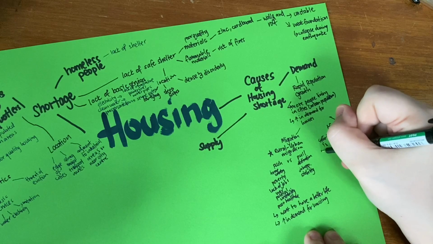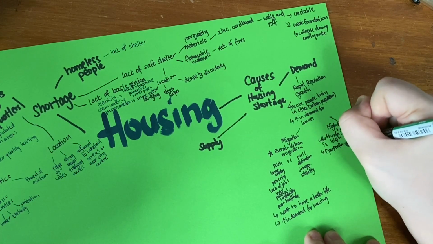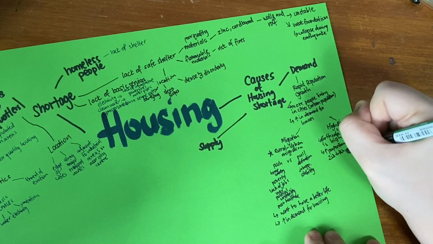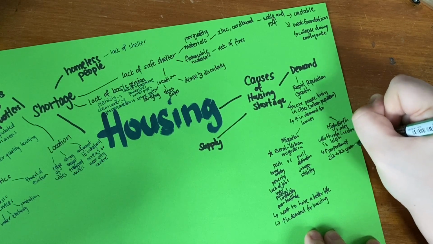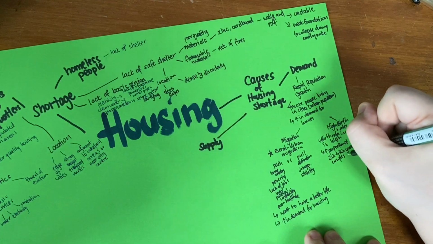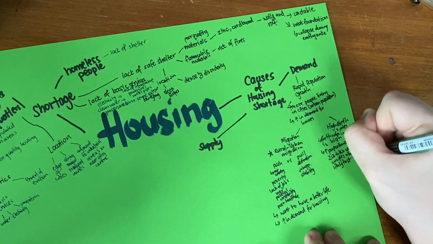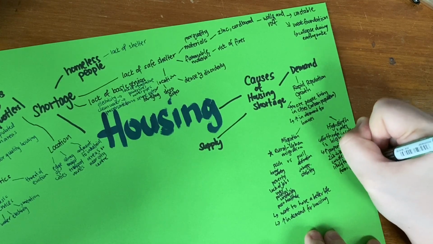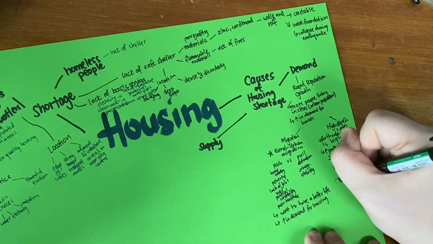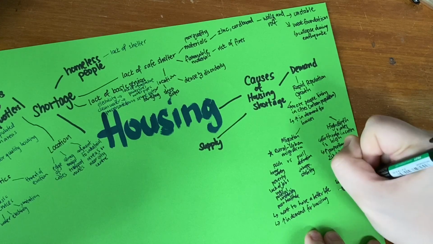Because there is a higher proportion of 20 to 30 young couples who are likely to start families. So when they start a family, they will want a house, right? So this leads to an increase in population, and therefore there is an increase in demand.